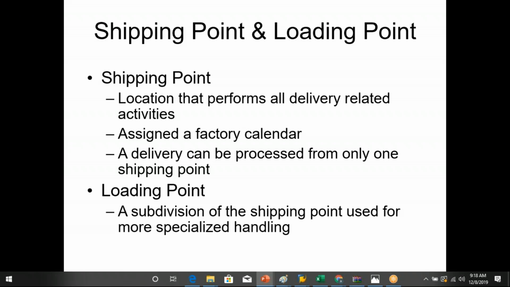So you can define shipping point as the location used to perform all the related activities, and also as the location which defines the ownership of the goods. If the goods are still in the shipping point, then the ownership lies with the company. If the goods have left the shipping point, the ownership has changed from the company to the customer. This is also one of the easy ways you can remember the shipping point.